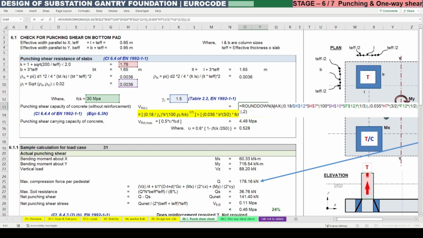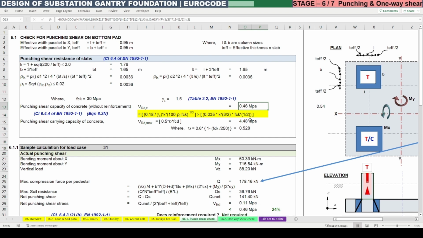So we are considering the maximum value of both equations: 0.035 into K value, which is 1.76 again, with fck as 30. Applying this, we are getting 0.46 megapascal as the punching shear capacity of concrete without reinforcement.